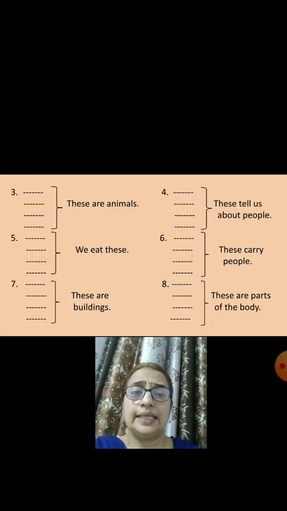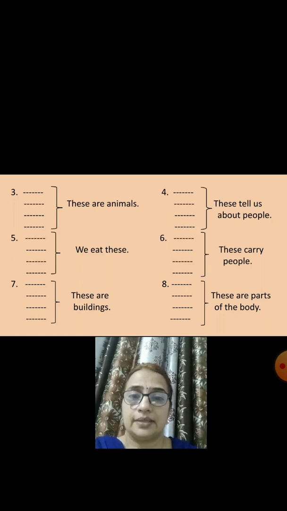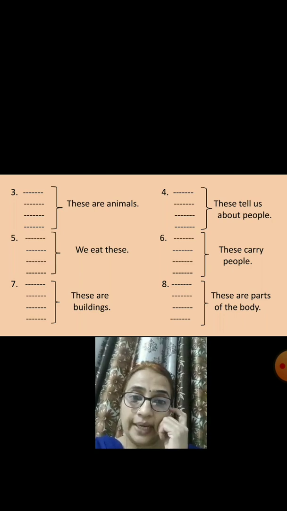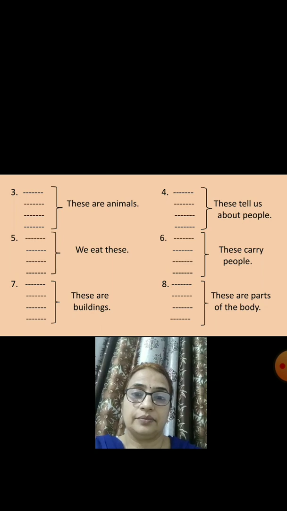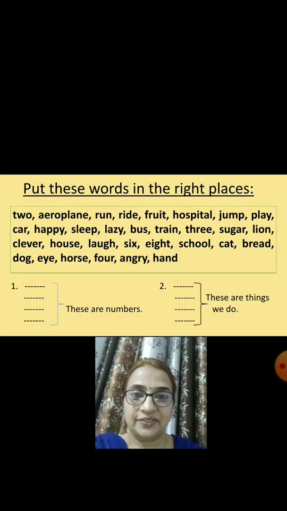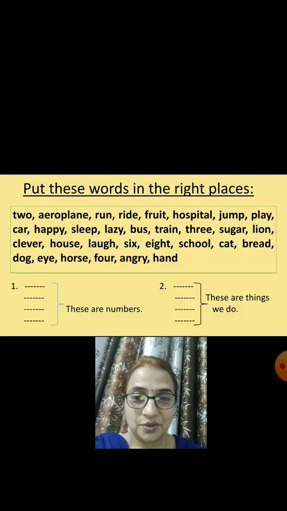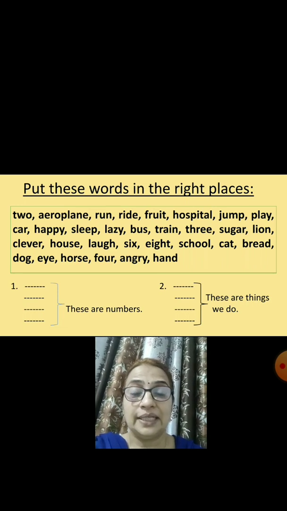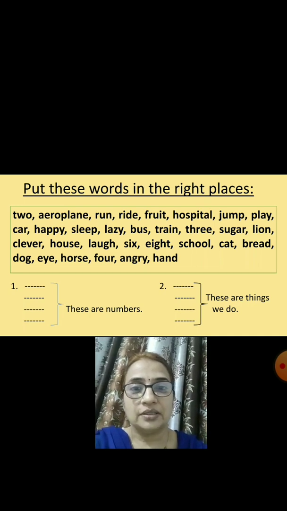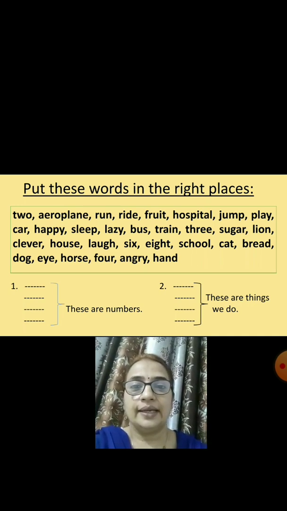Now seventh, these are buildings. Now we have to find the building names in the list. I am enjoying this activity very much, aren't you? Yes, now we have to search the building names fast. Building names in the first line. Yes, I got it. It is hospital. Then second line. No, it's not there. Third, house, school.